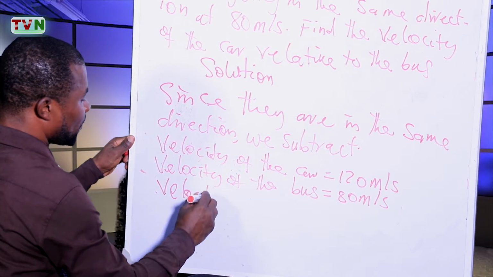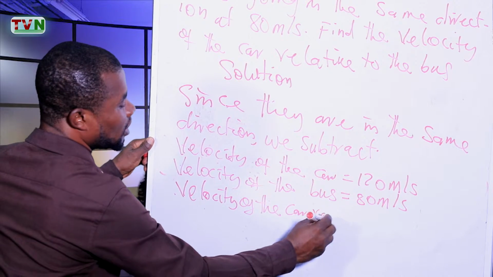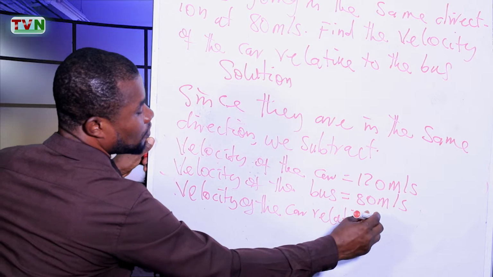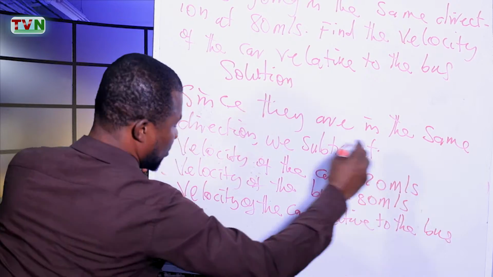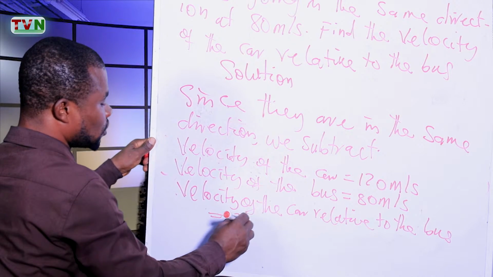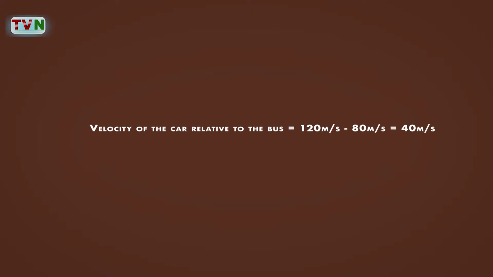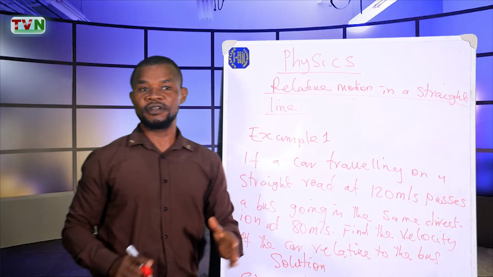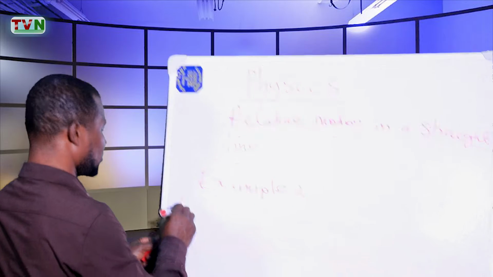Velocity of the car relative to the bus is equal to 120 meters per second minus 80 meters per second, which equals 40 meters per second. So the relative velocity is 40 meters per second.